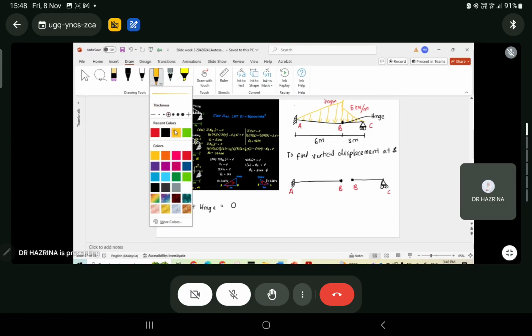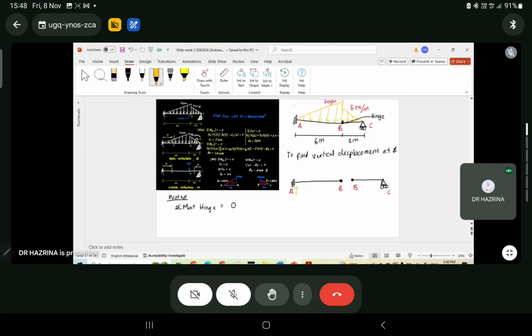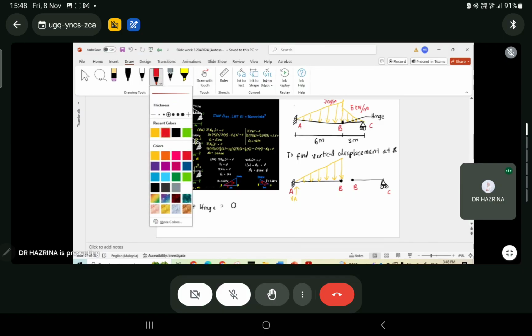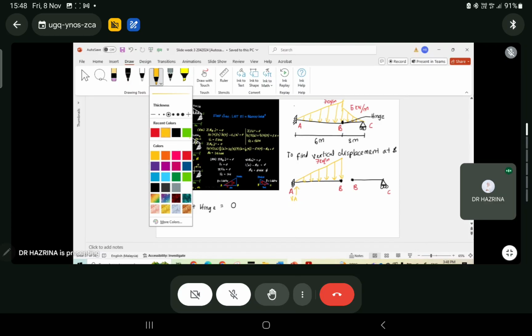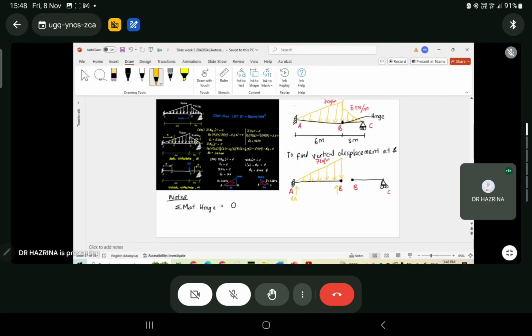You will have VA here, and then you will have the whole of your triangular load, which is 7 kilonewton per meter. If you draw the free body diagram, you have VA, and here you will have VB. Here you have the other one, like this.